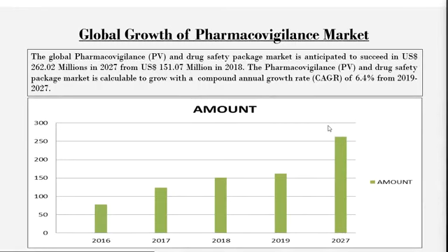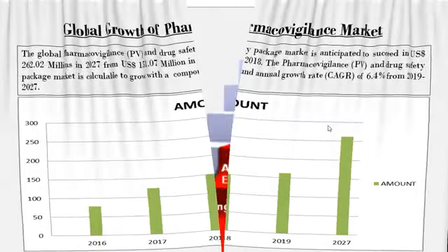I'm not going through the details of it, but importantly, just focus on the CAGR, which is 6.4% from 2019 to 2027. So look at the importance and the development that is expected.